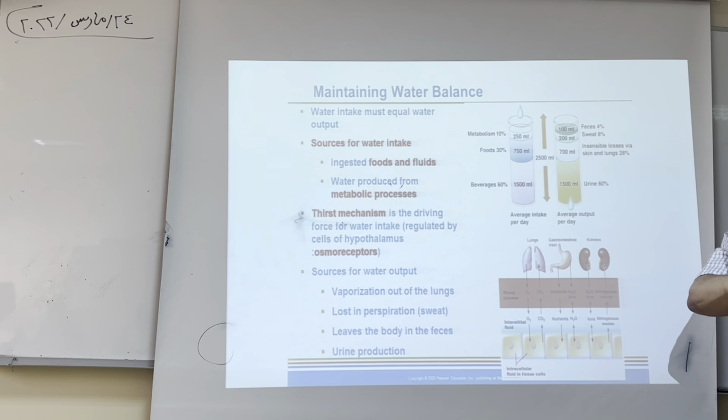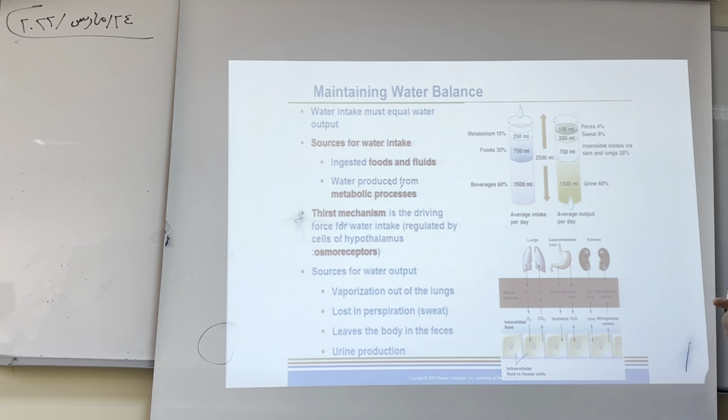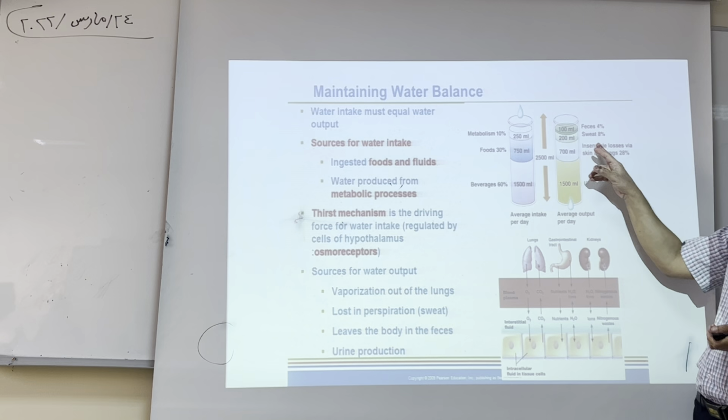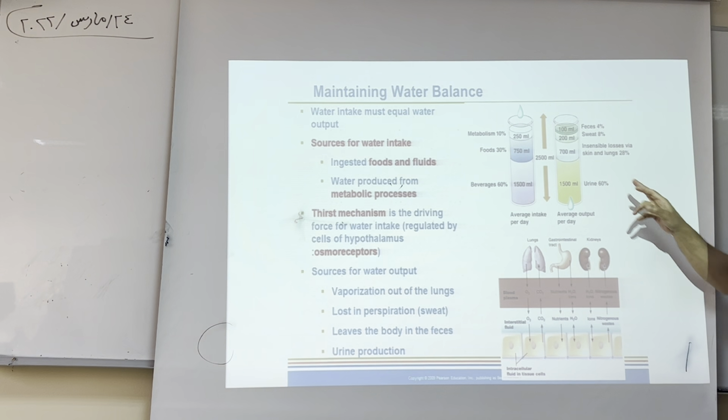Because of that, those who are having diarrhea, we have to give them supplement of fluid. In case of any gastrointestinal tract disease, if you got diarrhea, you have to take more fluid in order to maintain the fluid balance. And 8% will be through perspiration, through the skin, through sweating.